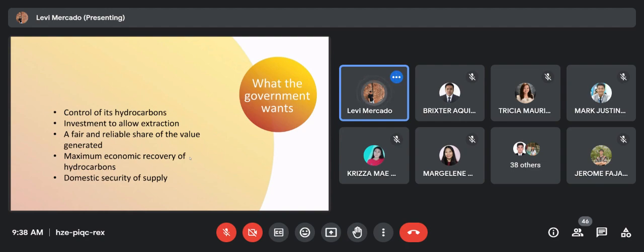Of course, first, alamin muna natin, ano ba yung gusto ng government? Siyempre, may kanya-kanya tayong gustong maging benefit. Say for example, in the case dito sa Philippines, gusto natin kung may oil and gas na makita dito, tayo ang solely na may control nun. Control of its hydrocarbons. Ano pa?